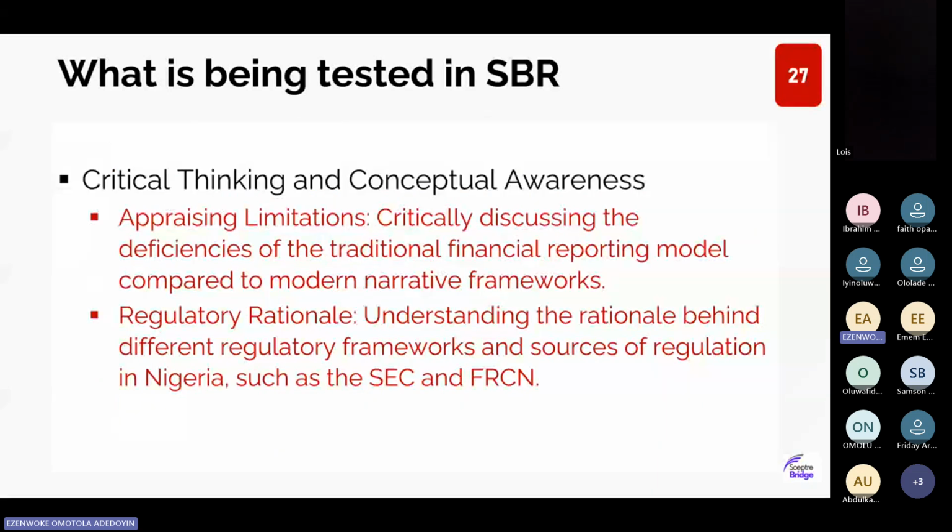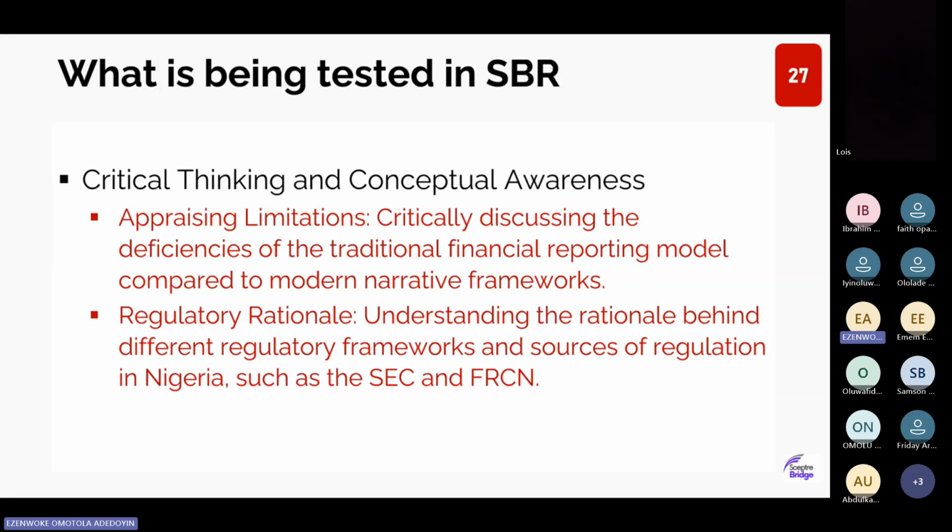So then we have critical thinking and conceptual awareness. Yes, they want you to be able to think critically, and be able to discuss issues. To think critically means you are not just seeing the face value, right? You can see the connection, you can draw inferences, you can see the dots connecting, right?